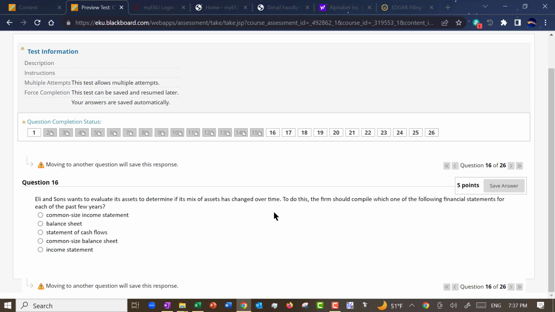First of all, since they want to do a comparison over time, it needs to be a common size something, okay? Because firms change their nature over time. So it's going to be either income statement or balance sheet. Since they want to look at the mix of assets, well, those are in the balance sheet.